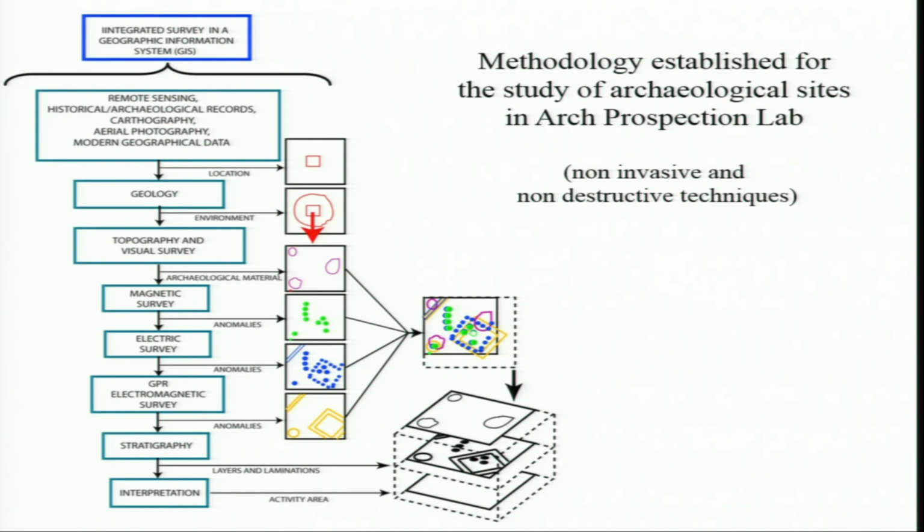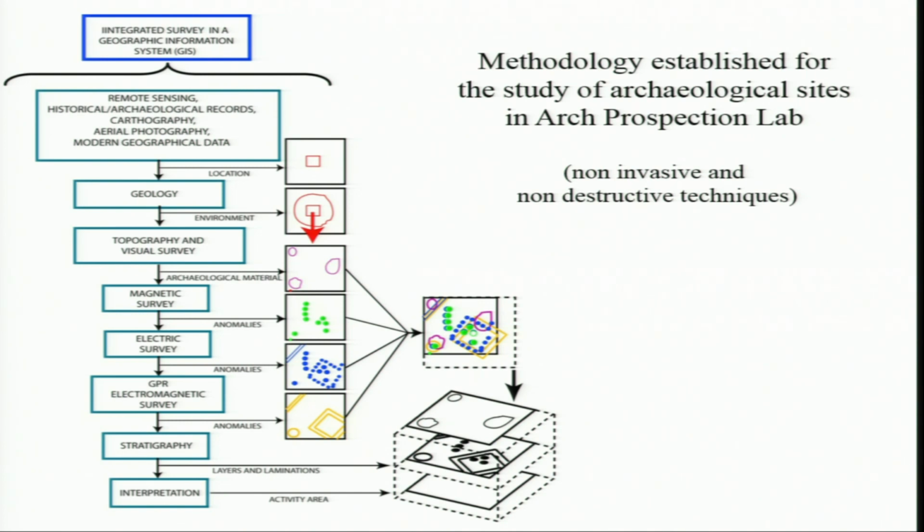After these three steps, we have a very good idea of the distribution of materials, spots, topographic relief on the area, but we are not passing through the surface. We are on the surface trying to get as much information as possible. Then we pass to the geophysical survey, including magnetic, electric, and electromagnetic properties, measuring them on the surface, but getting information below the surface.